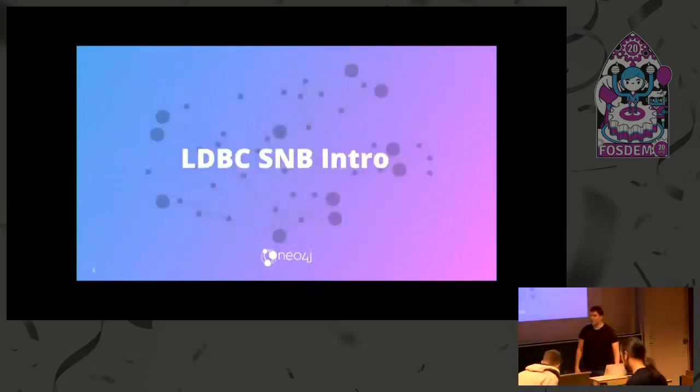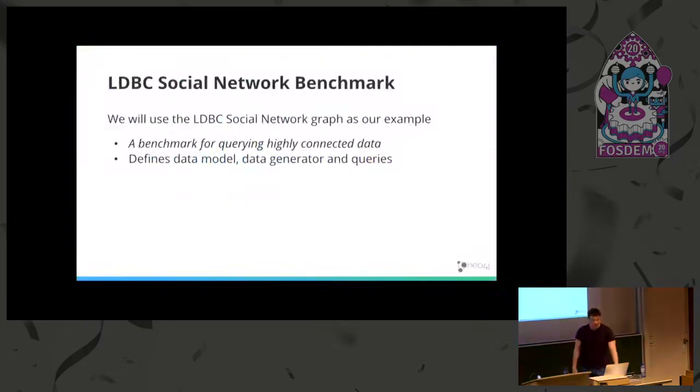And to make it more interesting, we are going to show this concept on an example, and the example is going to be the LDBC social network benchmark. The LDBC social network benchmark emulates a social network, and it defines the data set, data model, and the queries that are part of that benchmark.